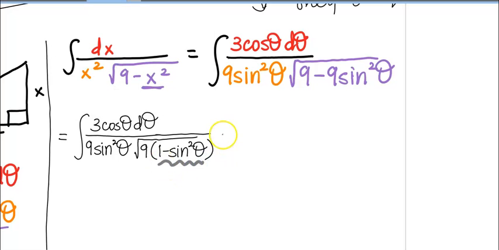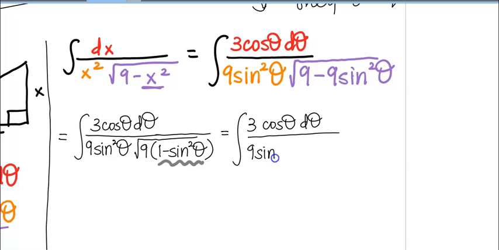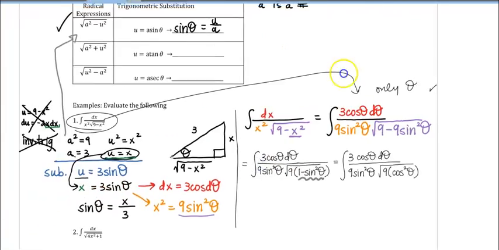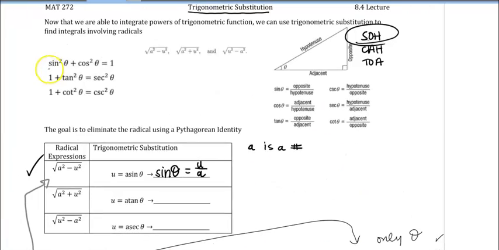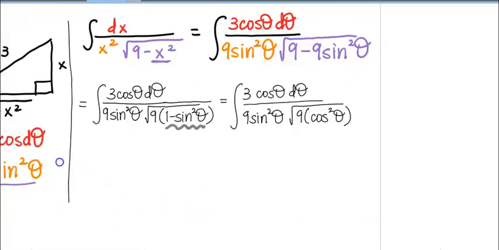That is equal to cosine squared. So I have replaced the 1 minus sine squared with cosine squared using this identity. If I had solved that identity, I would see that cosine squared is equal to 1 minus sine squared.